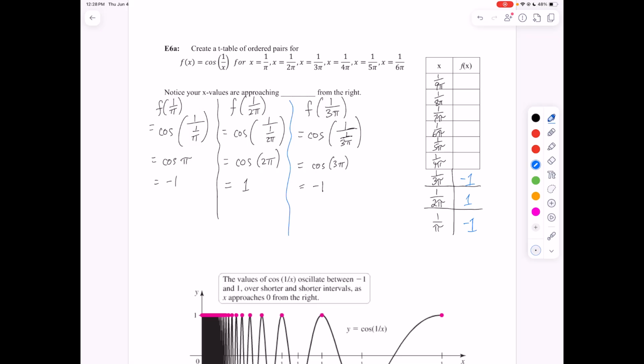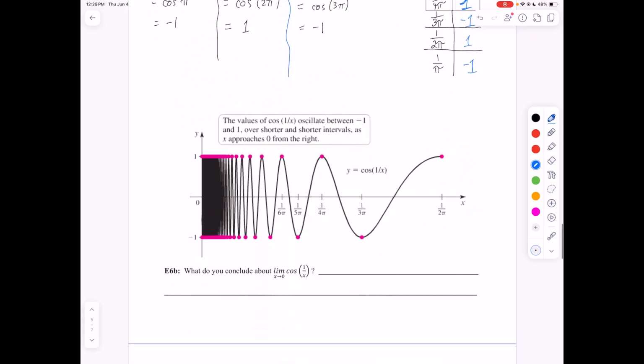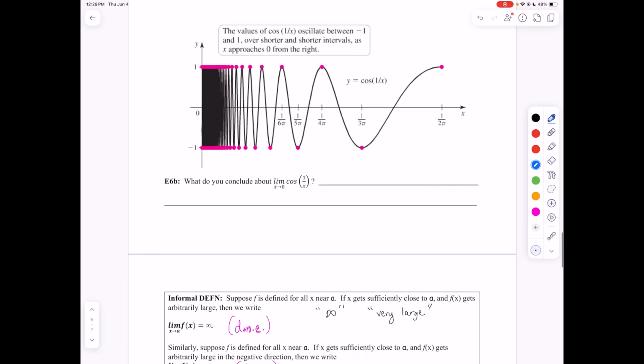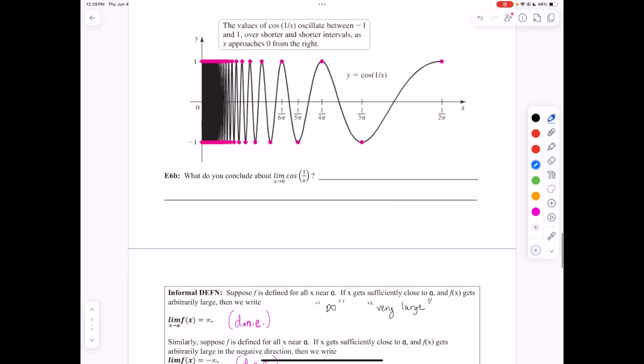It goes from -1, then to 1, then to -1, then to +1. And we'll go ahead and fill in that t-table. And you could even graph this using a graphing calculator or Desmos.com.